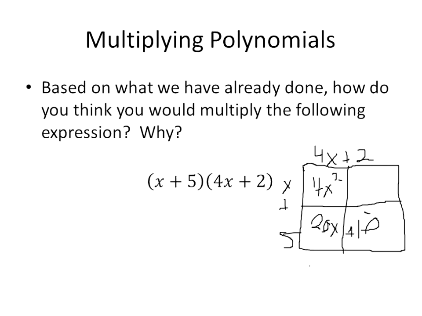And so what goes in that upper corner? 2x, because I have a 2. This square or rectangle has a 2 as the one length and an x as the other length, so it's going to be 2x.